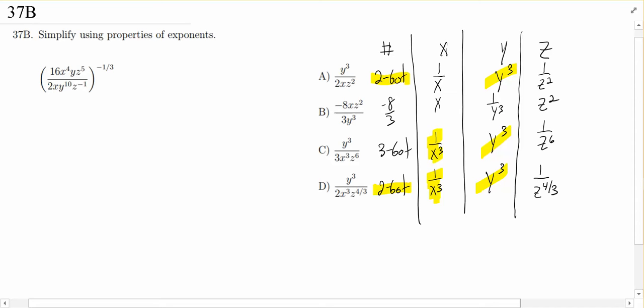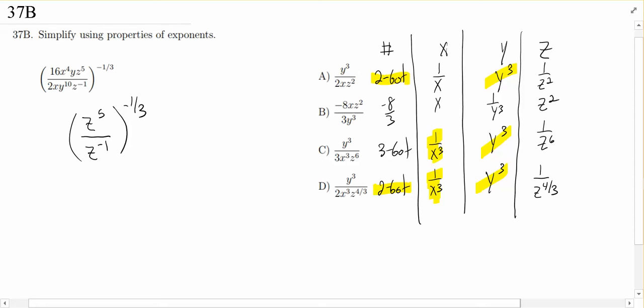So what that tells me about this problem is that I could probably ignore everything else in this problem and just look at this and say, let's ignore the numbers, let's ignore the x's, let's ignore the y's.